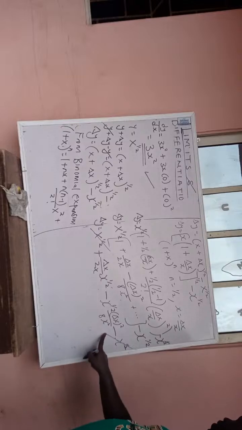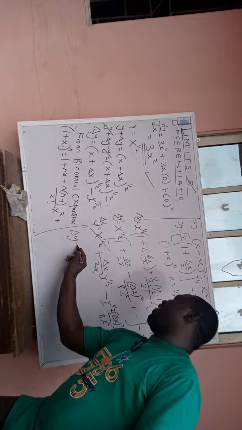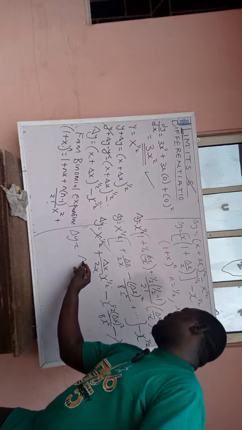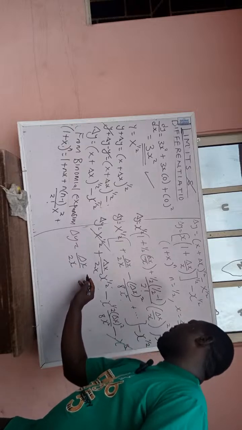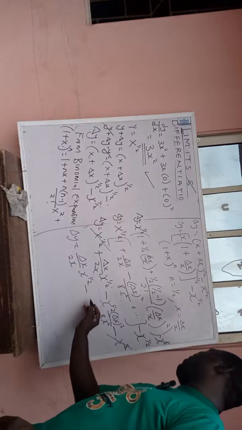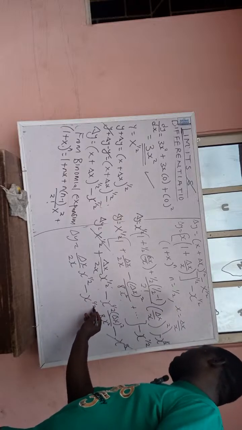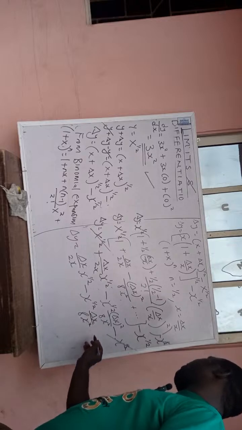Okay, so you have this change in x over 2x x half, then we have x half change in x over 8x squared. Oh, this is beautiful.